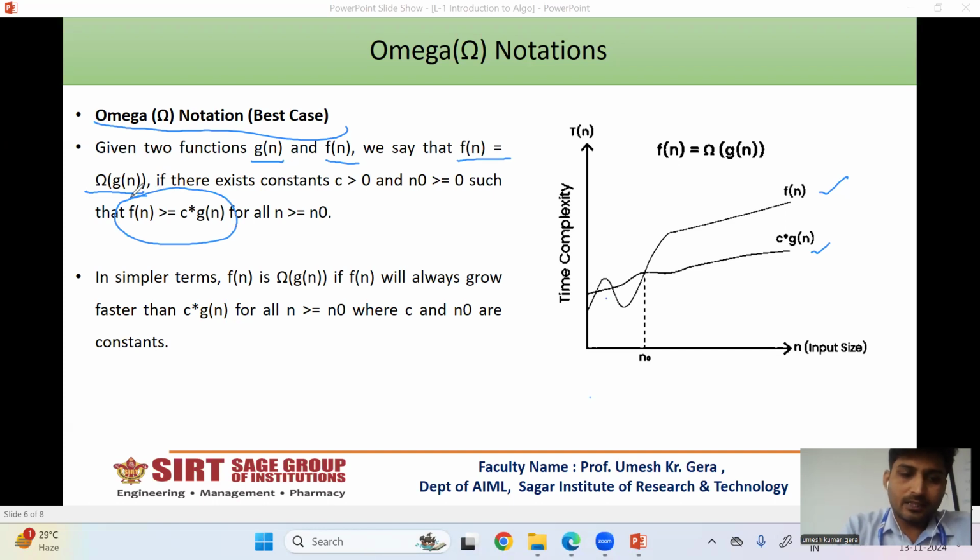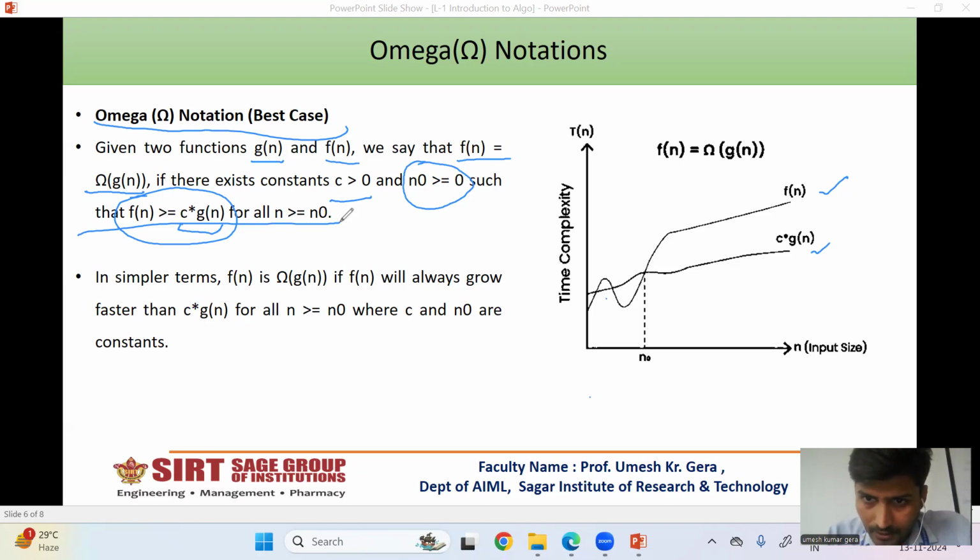This equation says that f(n) is always greater than or equal to c times g(n), where c is some constant greater than 0 and n naught is greater than or equal to 0. If this equation holds, then we can say that f(n) is big omega of g(n).